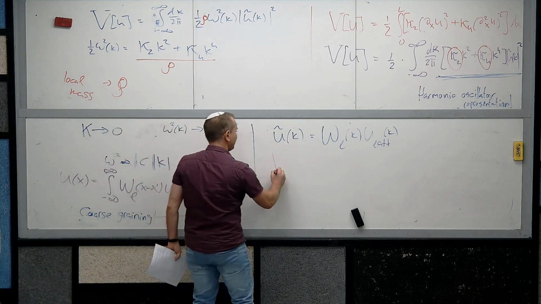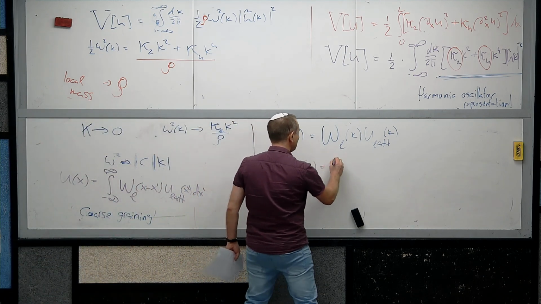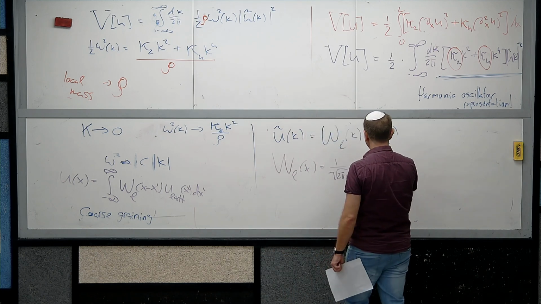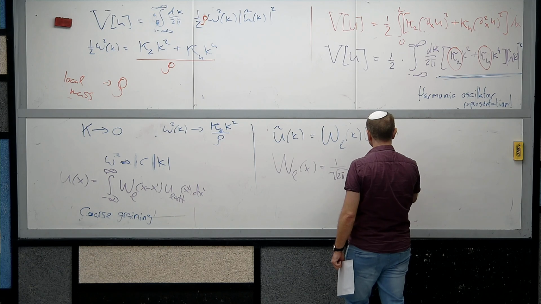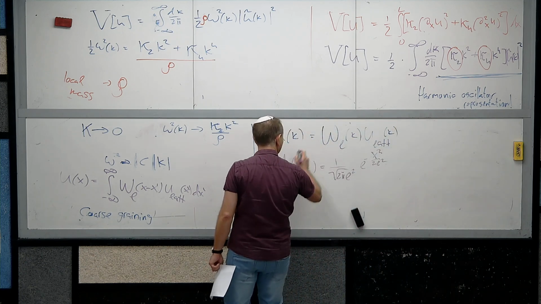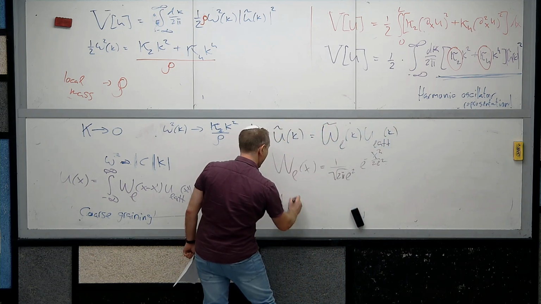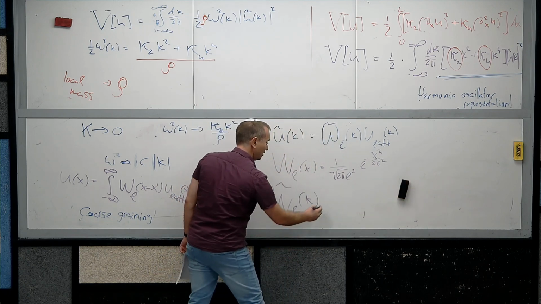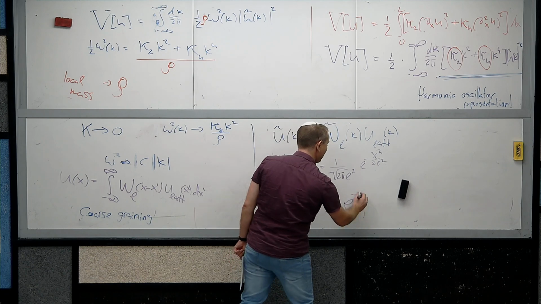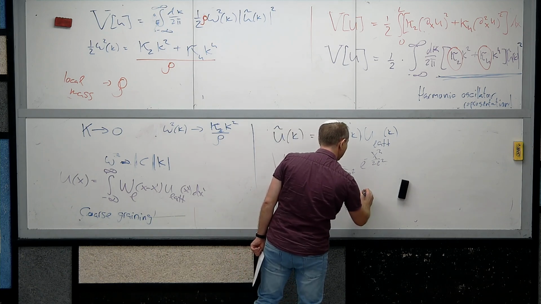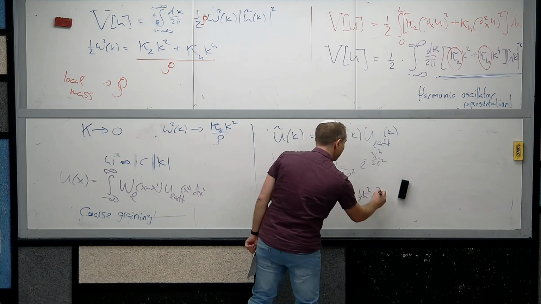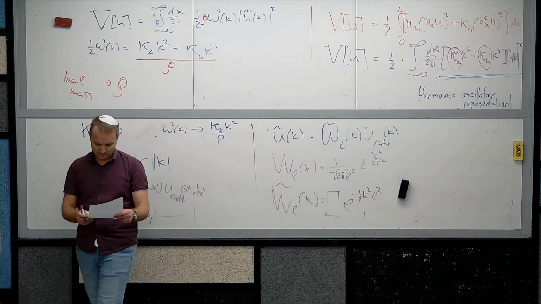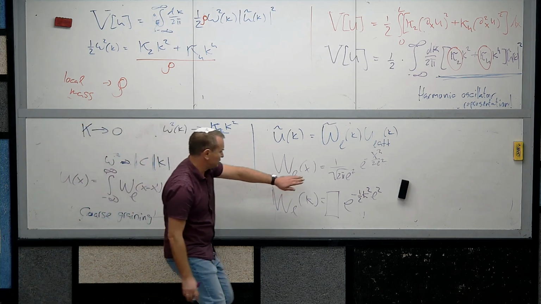So if WL of x is 1 over square root of 2 pi L squared e to the power minus x squared divided by 2L squared, WL in K space is going to be e to the power minus 1/2 k squared L squared. And there is some proportionality constant over here. Well, actually, no, there is no proportionality constant at all.